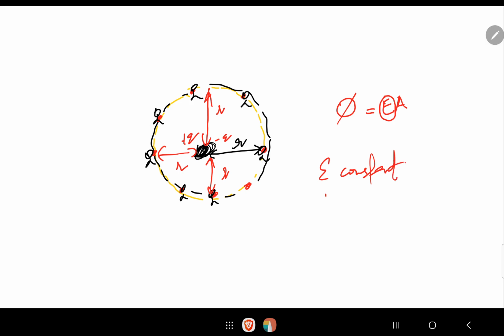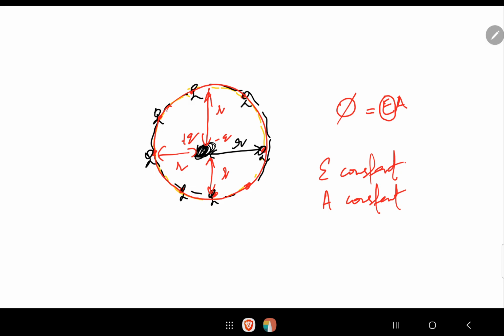Along with that, the area is also constant, because this area is not changing. It's the same area everywhere. The imaginary sphere that we have has the same area. So we have the electric flux, which is constant.